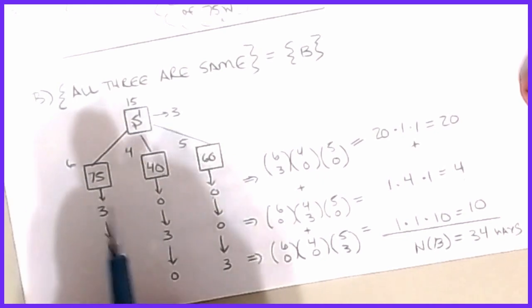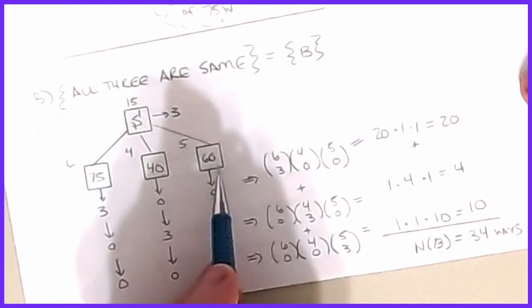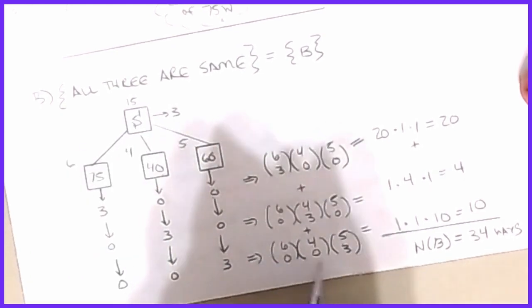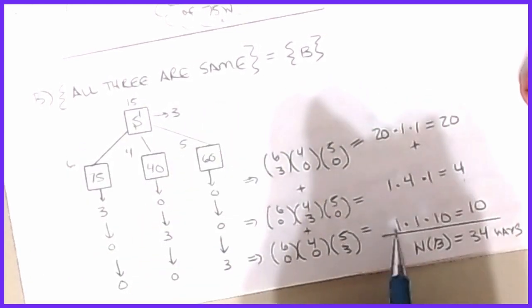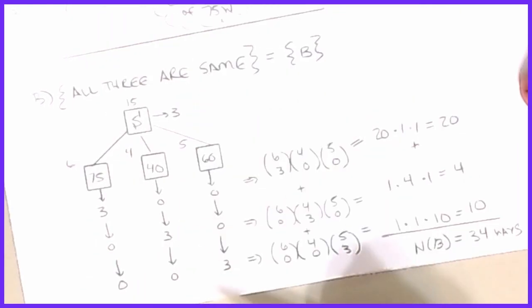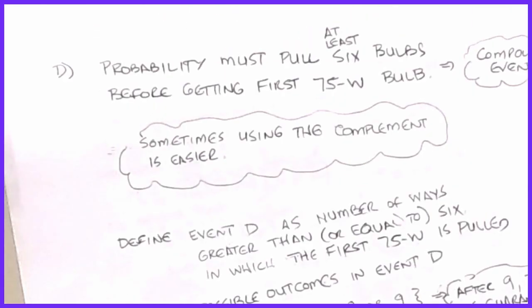And then on the last one, they're all coming out of the 60, so that's 0 on 6, 0 on 4, 3 on 5, 1 times 10, and then add them up. I have 34 ways that I get all 3 the same particular bulb. So now we can do our probability.